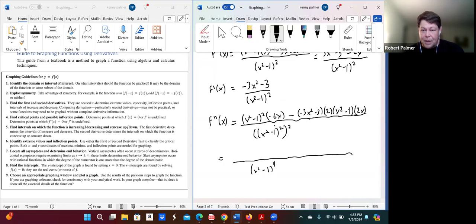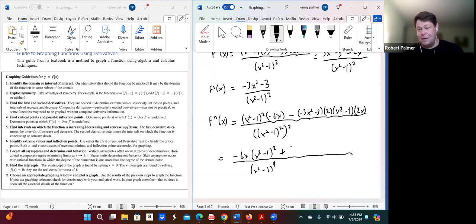Now, I'm not going to multiply this through yet. We might be able to simplify something, but let's write this as negative 6x for now times x squared minus 1 quantity squared. And over here, hopefully you can follow this all right. Notice both these are negative. If I take a negative out, essentially I'm distributing a negative out, making this a positive.